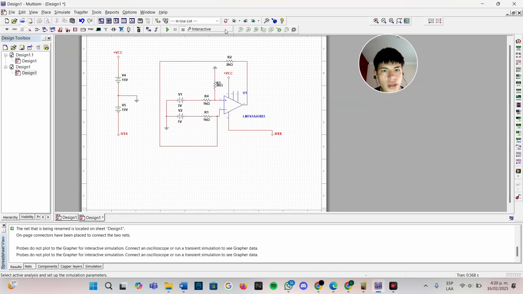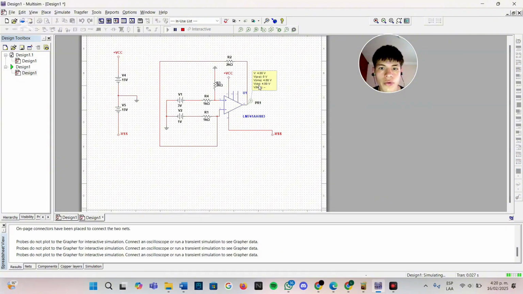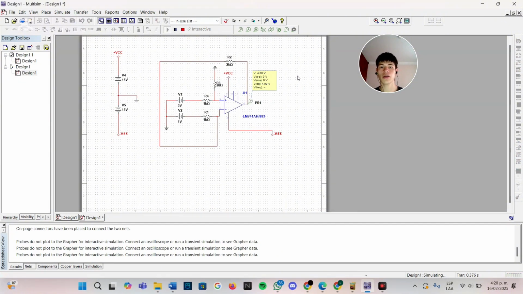And as we can see, this port has 4 volts because of these operations, and it's true.